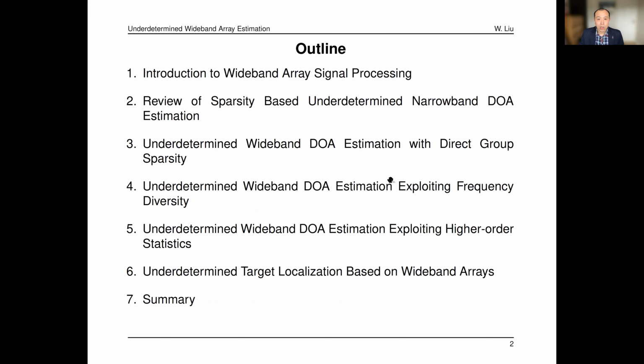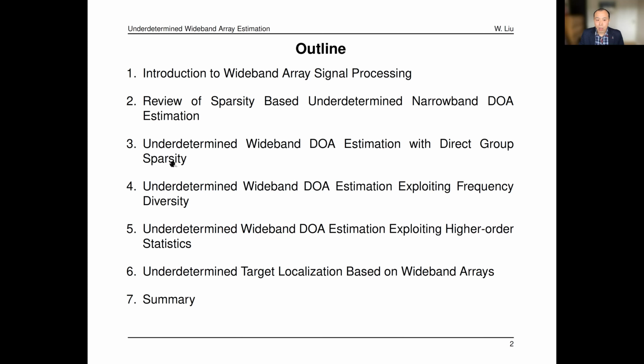First is the outline. It's an introduction to wideband array signal processing, basically highlighting the difference between narrowband and wideband array signal processing in terms of both beamforming and direction of arrival estimation. Then I will give you a review of sparsity-based underdetermined narrowband DOA estimation methods, which will form the basis for the wideband case.